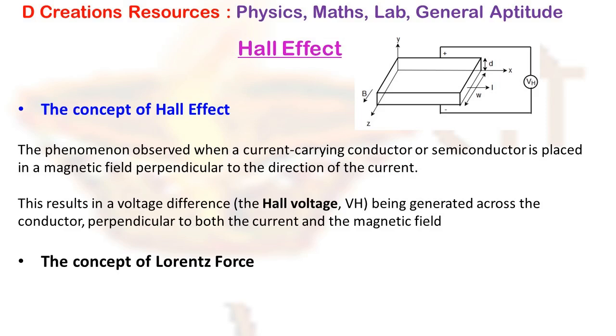Today let us talk about an important concept called the Hall effect. I'm calling it an important concept because it is useful for several applications, including measurement of magnetic field or even in speedometers in cars and bikes. Hall effect is used.